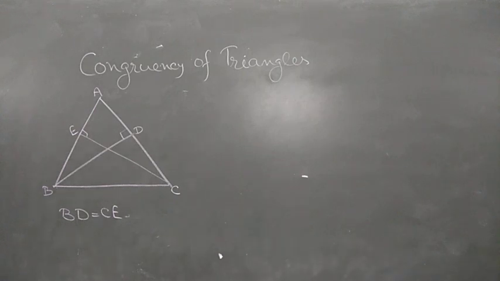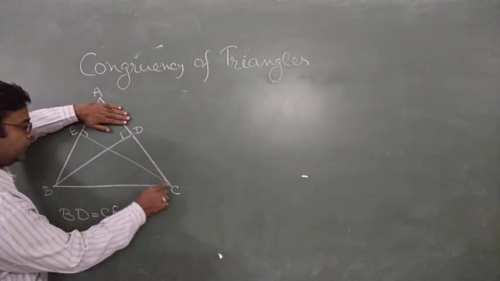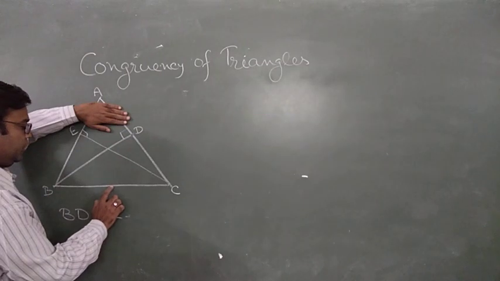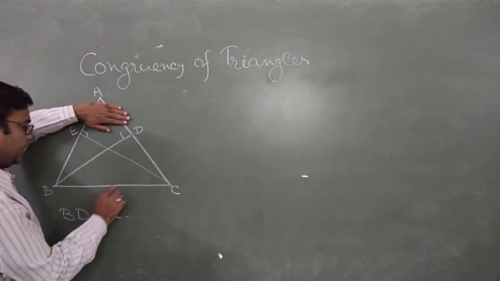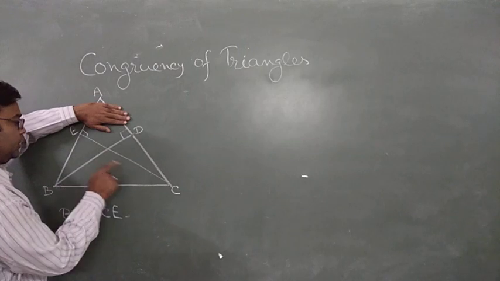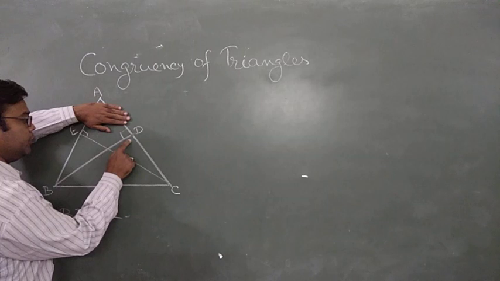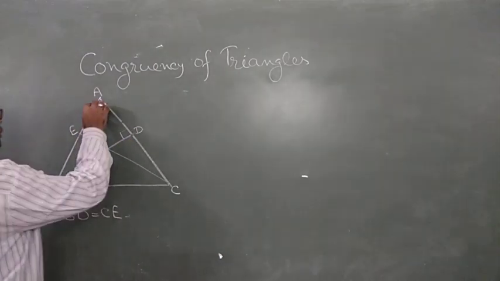How is the proof? It's the easiest one. In these two triangles, this is a right angle triangle, so this is your hypotenuse, and for this again it is the hypotenuse, and the hypotenuse is common and equal. Number two, these two sides are equal. This is your 90 degree, so we use the RHS property.